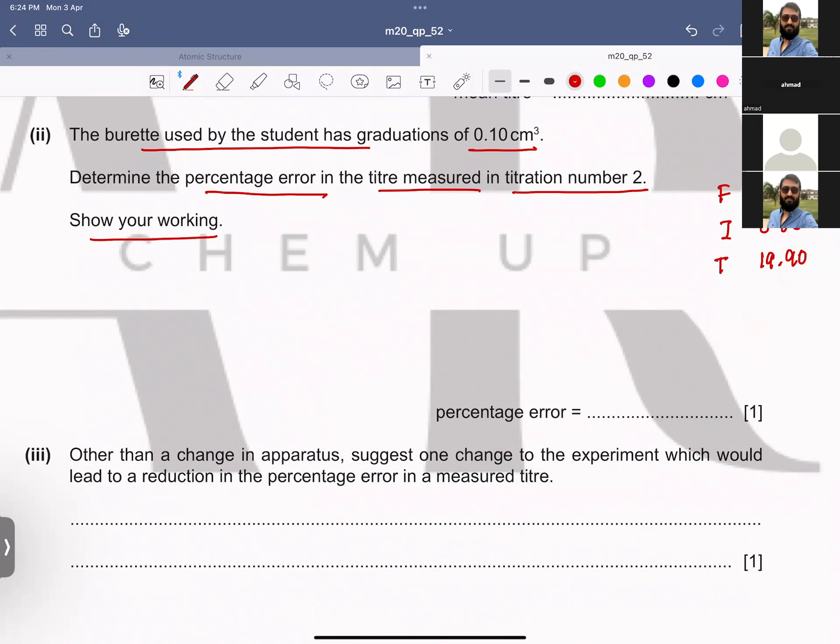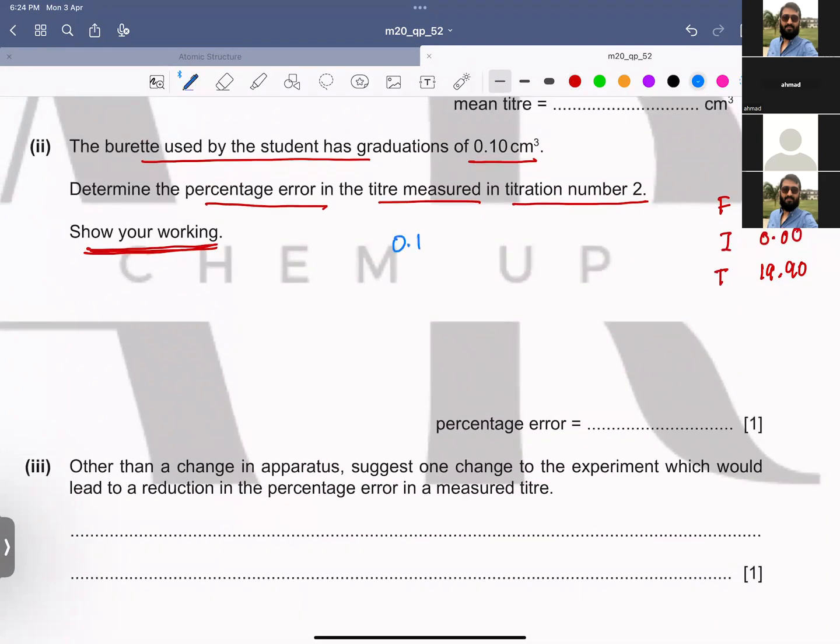Sir, 0.1 divided by 19.9 into 100. Wrong. Why 0.1? By the way, you are right, but you have to show your work.